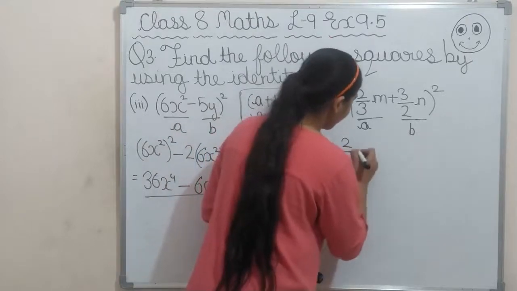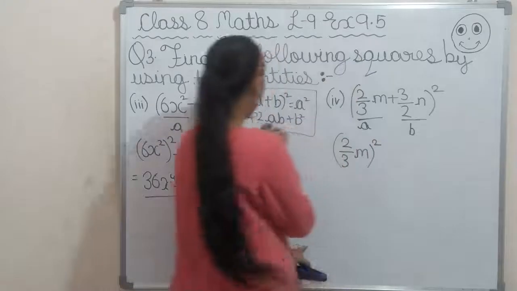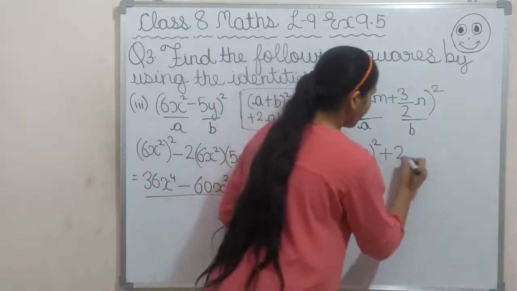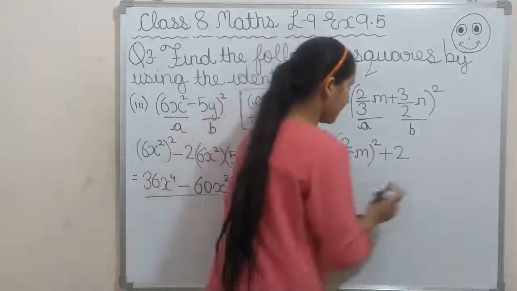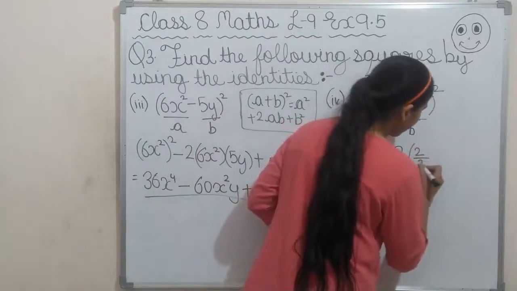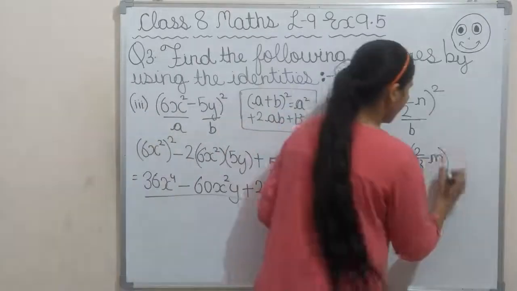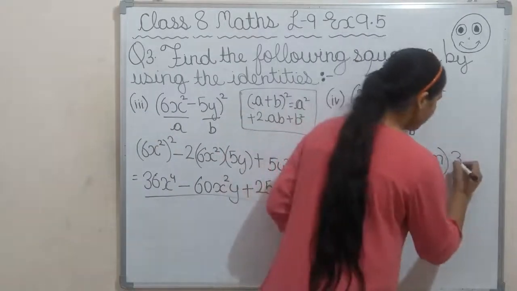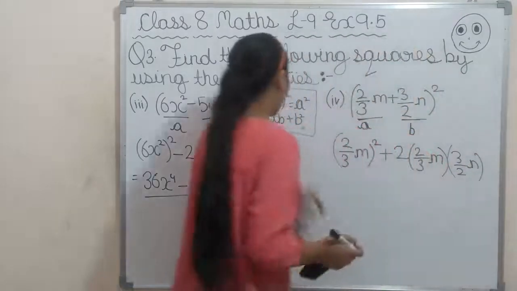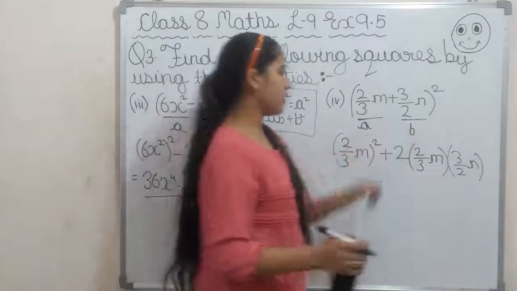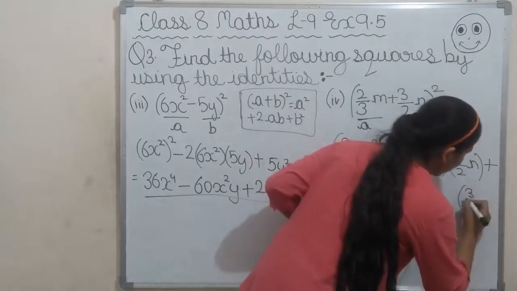Then here plus as it is 2 into a into b. So a is 2 by 3 m, and again multiply b. B is 3 by 2 n, I will do it in bracket, (3 by 2 n), then plus b square, again this square, plus (3 by 2 n) square.